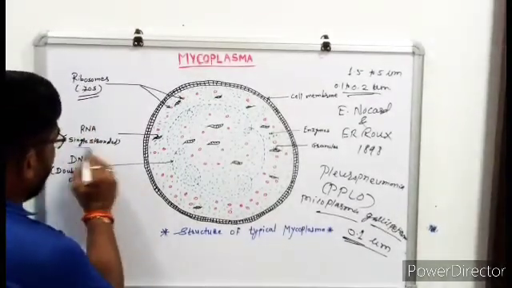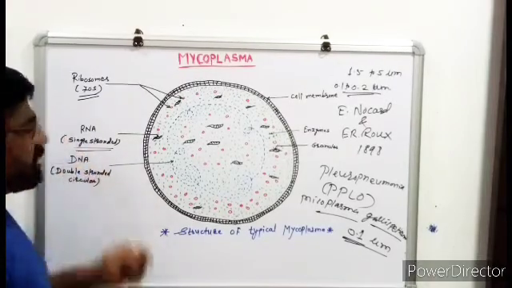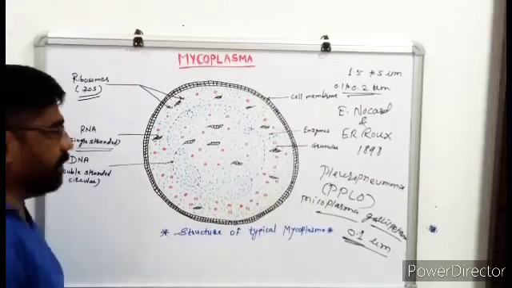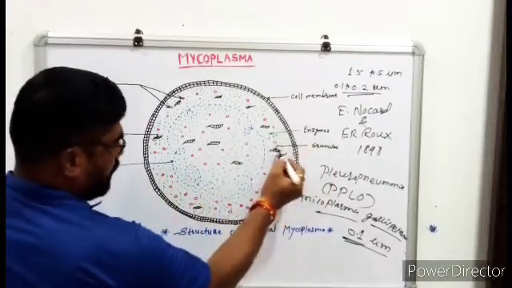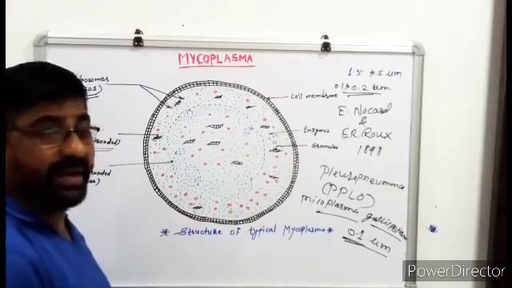Both kinds of genetic material are present in the mycoplasma. There is single stranded RNA spread in the cytoplasm, as well as specific RNA granules.